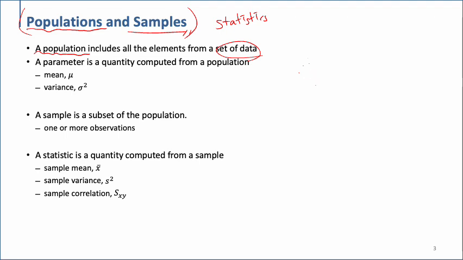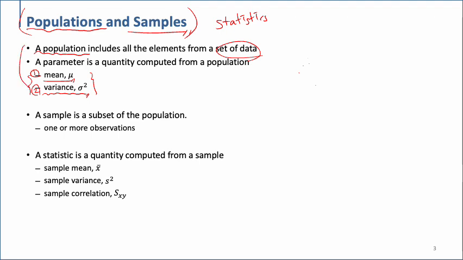And a parameter is a quantity computed from a population, and two key parameters will be used. The first one is the mean or the average, and the second one is the variance. These two parameters are very important quantities computed from a population.